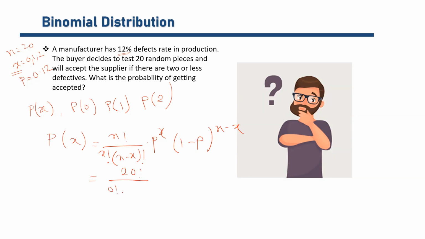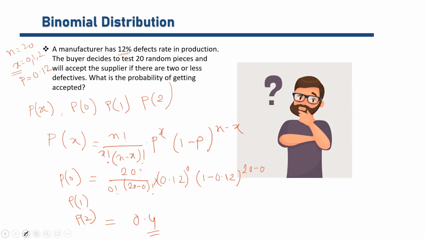X is 0, so 0 factorial, and then 20 minus 0 factorial. P is 0.12, X is 0, and then 1 minus 0.12 to the power 20 minus 0. And likewise you will do for P of 1 and P of 2. Once you get all of them, you sum them up and you will get some answer. Say, for example, we get 0.4.